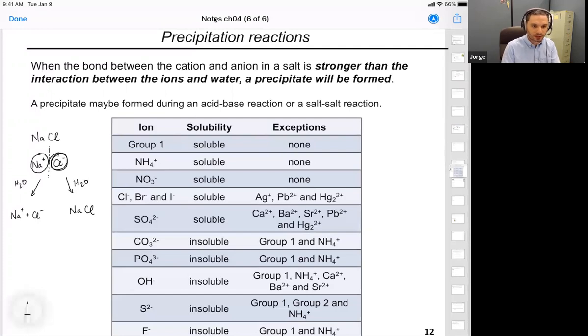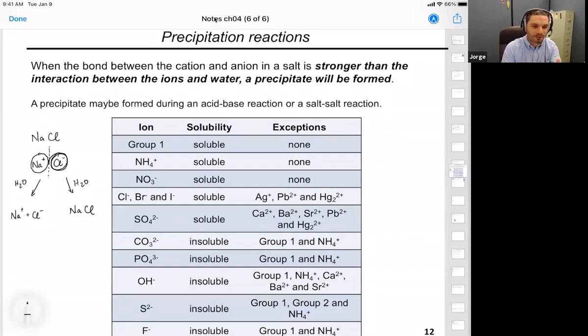Okay, so again, salt is composed, in this case, of sodium plus interacting with Cl minus. So in the solid state, they have a very strong interaction. However, when we add water to the salt, two things can happen. The water is strong enough to split the ions, or the water is not strong enough to split the ions.